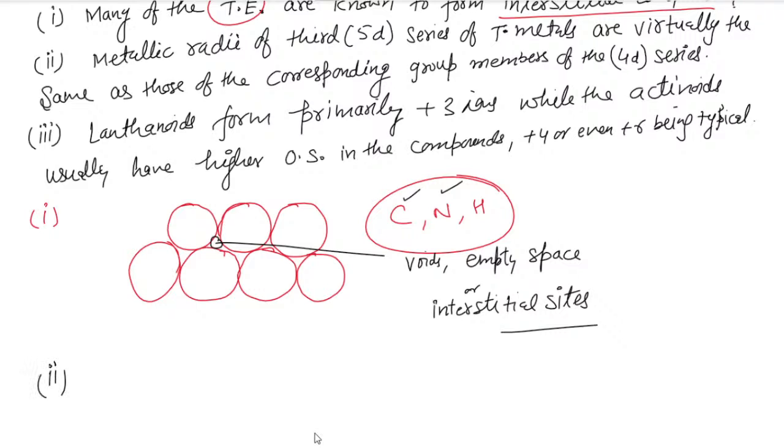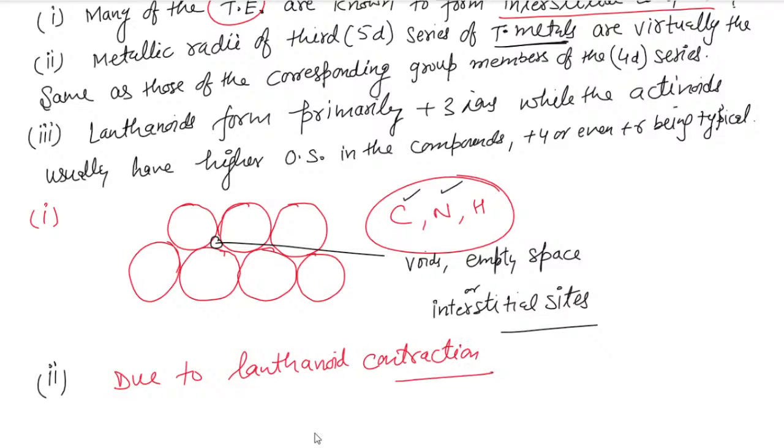Second question is, metallic radii of third series of transition metals are virtually the same as that of the corresponding group members of the 4D series. For this you can write it is due to lanthanoid contraction.